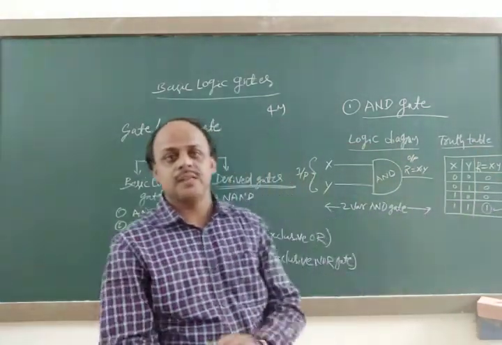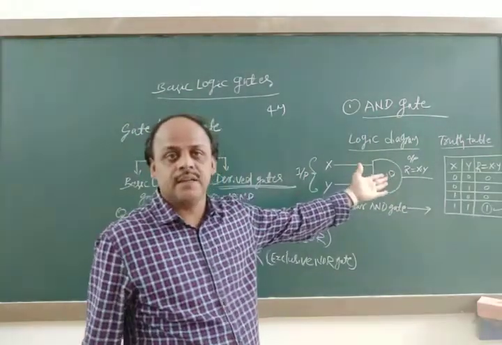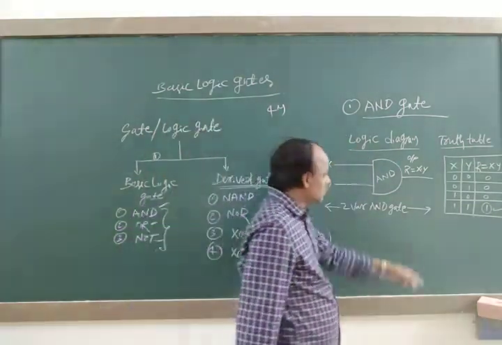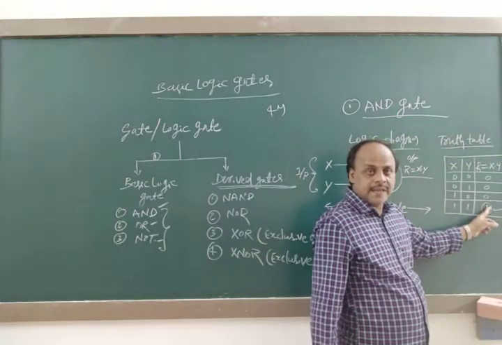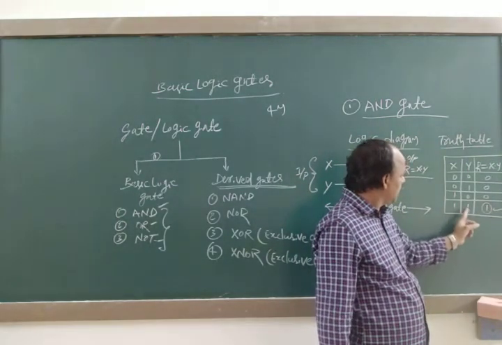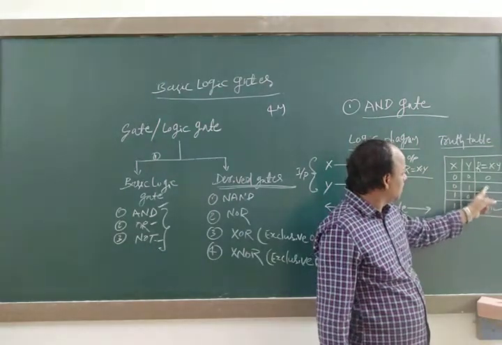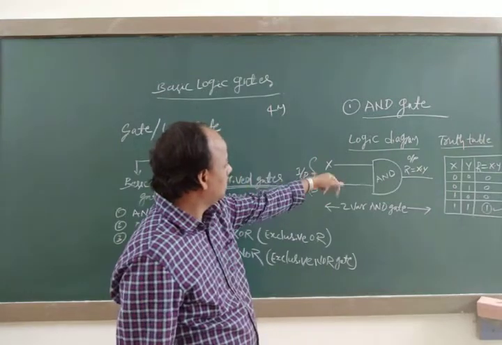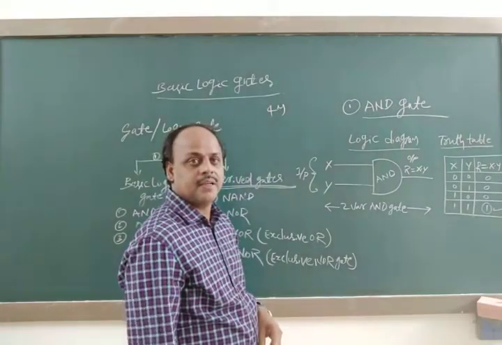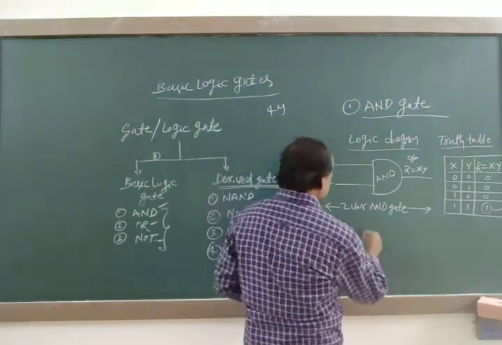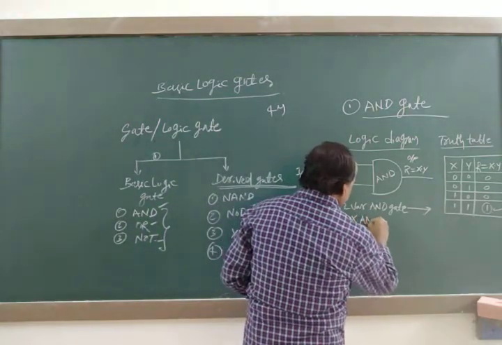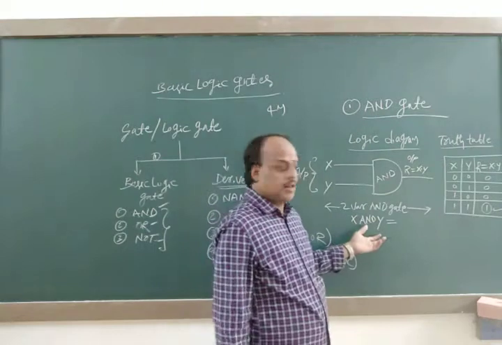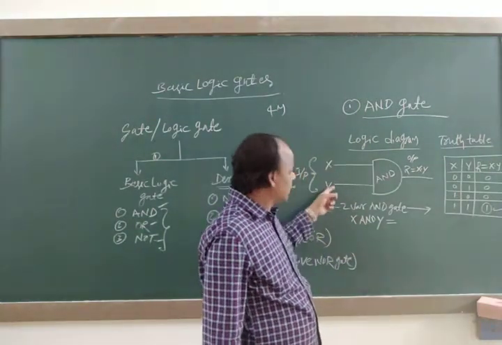From the truth table also, it is easy to define the AND gate. So we can say that the AND gate is one of the basic logic gates in which the output is high if and only if both the inputs are high. In other cases, the output is low. Here, this AND gate can be symbolized as follows: x and y are the two inputs.